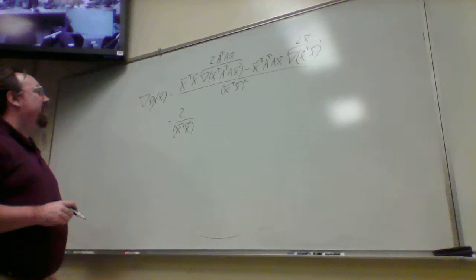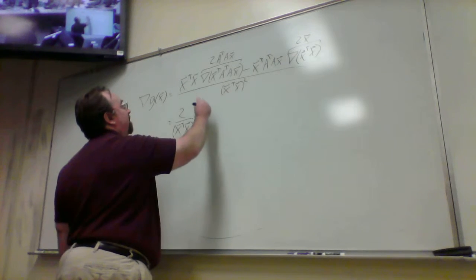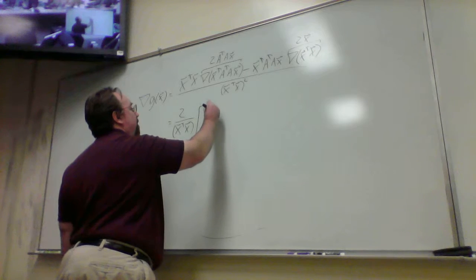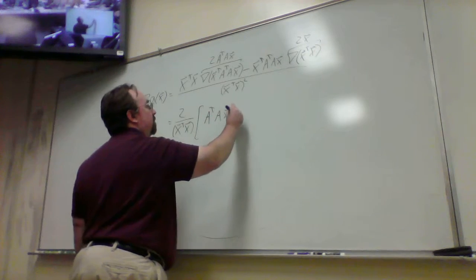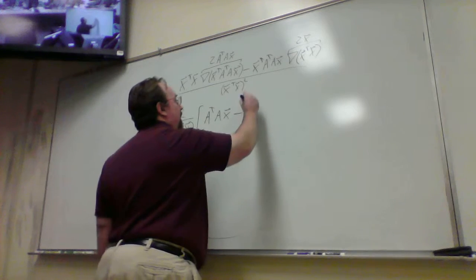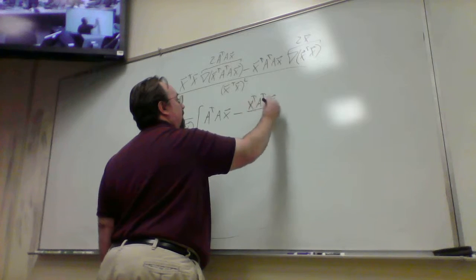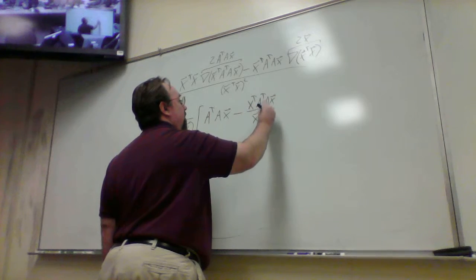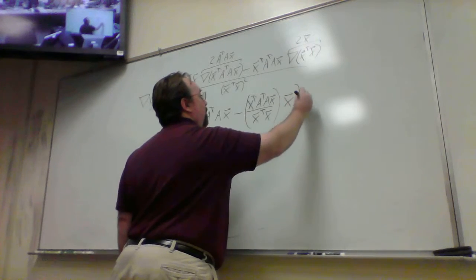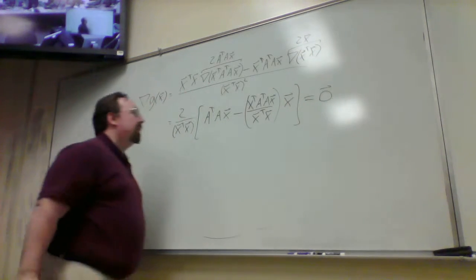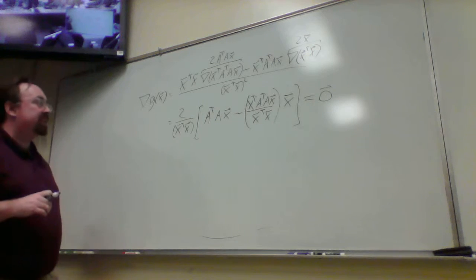Okay, and what's left is A transpose Ax from the first term minus x transpose A transpose Ax over x transpose x times x. And we want this to be equal to 0 to find a local maximum.